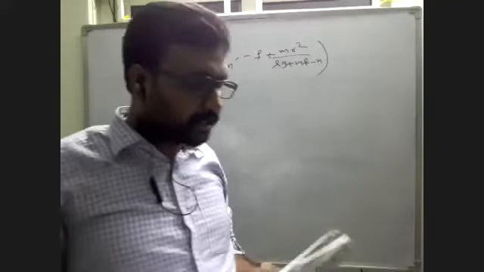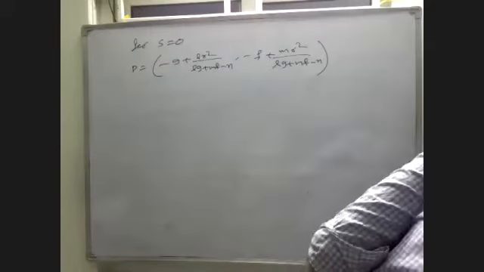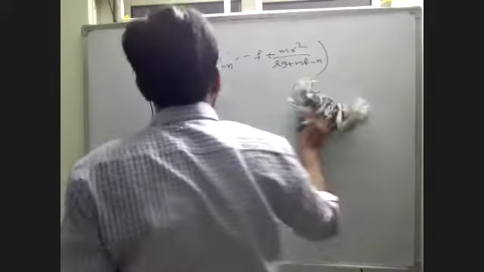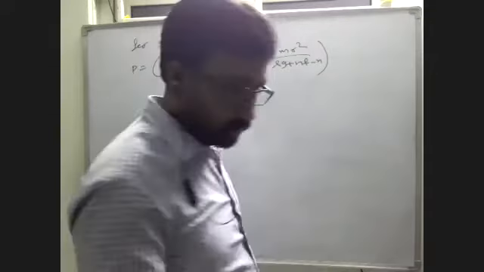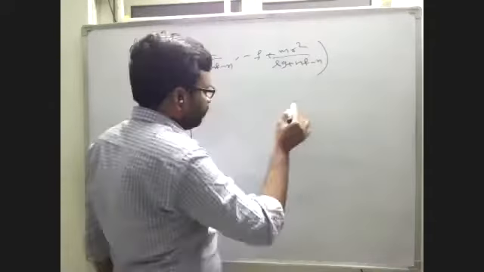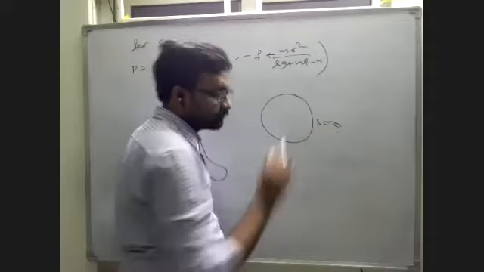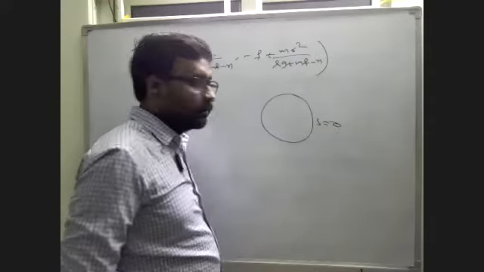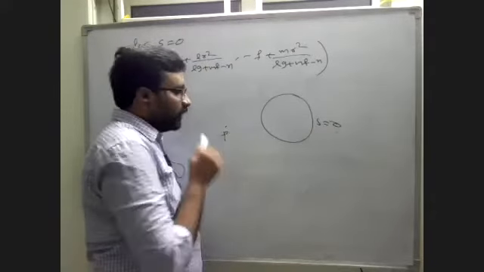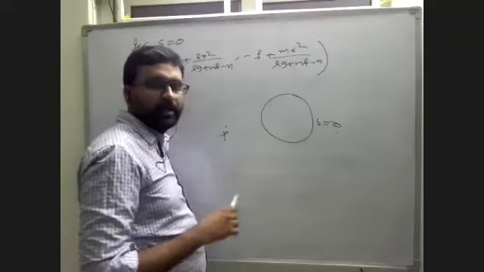And the next is conjugate points. This is also related to pole and polar. Conjugate point means, see, this is the circle S equal to 0. From P we can draw the polar, I told you just now.